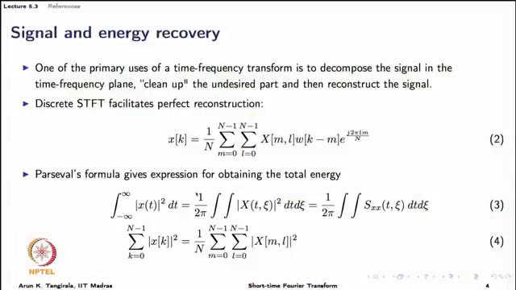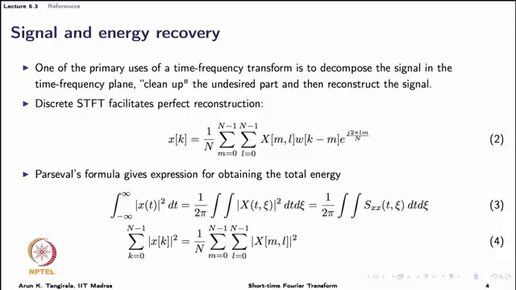Now, energy preservation is through this equation, again bearing a very strong similarity to what we had seen in the case of DFT. The top expression here is just a repetition of what you have seen in the case of the theoretical short time Fourier transform. So, please keep in mind that there is not much to discuss here.